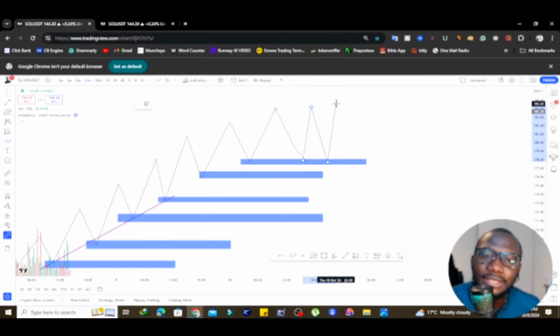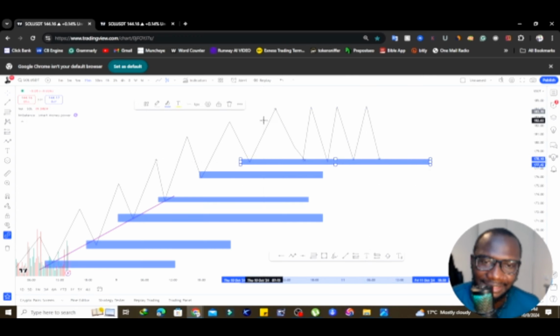So we cannot say the market is not in an uptrend. We just assume it is still in an uptrend until we see the market ranging, then we can say this market is in a range. It means the buyers and the sellers are fighting, they are equal, they are struggling the price. So we have to wait to see if the market will continue the trend or is going to break.